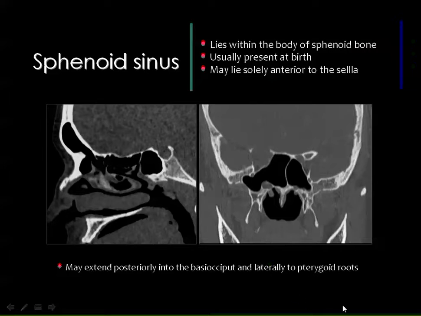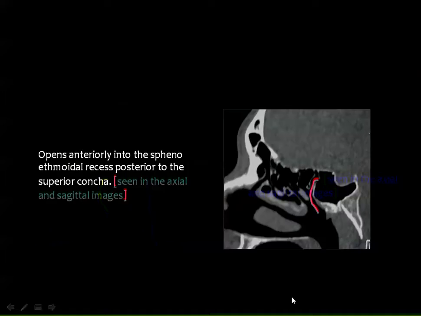The sphenoid sinus drains through the sphenoethmoidal recess. This area is known as the sphenoethmoidal recess, which is clearly seen in the sagittal images. It drains posterior to the superior concha. If you look here, this is the inferior turbinate, and this is the middle one, and this is the superior one.